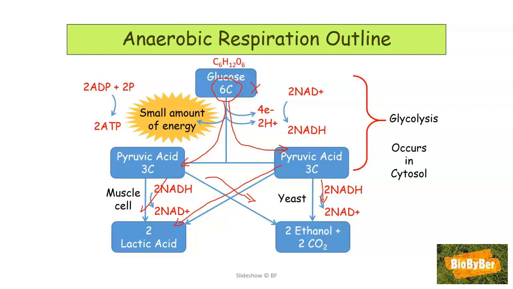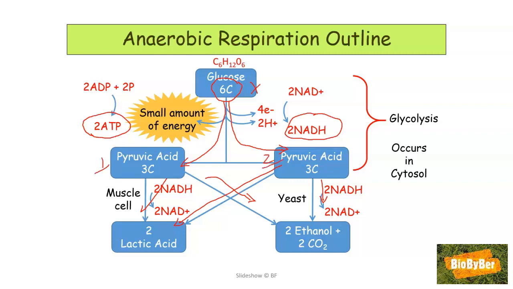Now, before we leave this diagram, there are 1 or 2 tricky things that I would like to mention. If you are asked what are the products of glycolysis, we can pick them out pretty easily from here. The products of glycolysis are 2 ATPs, 2 NADHs, and 2 pyruvic acids.